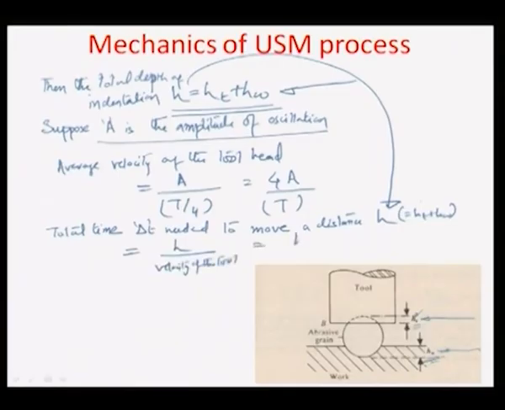Velocity has already been calculated as 4a by T. So, it is h divided by 4a by time period T.